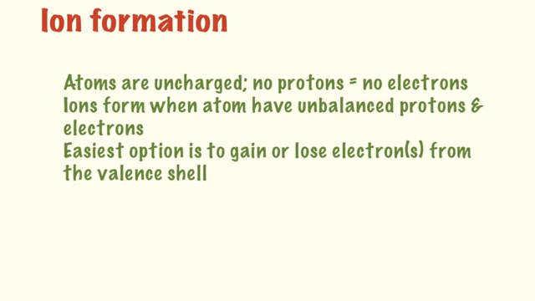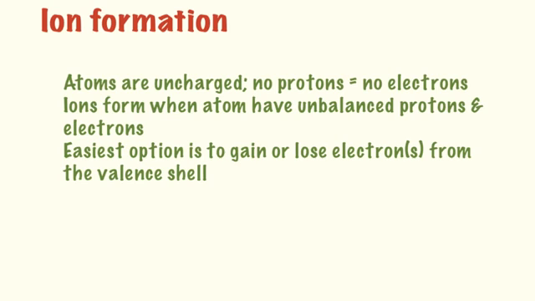As I mentioned before, everything looks for the easiest option. And so if it's going to be gain or lose electrons, the atom will "choose", in inverted commas of course, that personifies the atom, which is not quite correct, but it will tend to do the energetically easiest option.